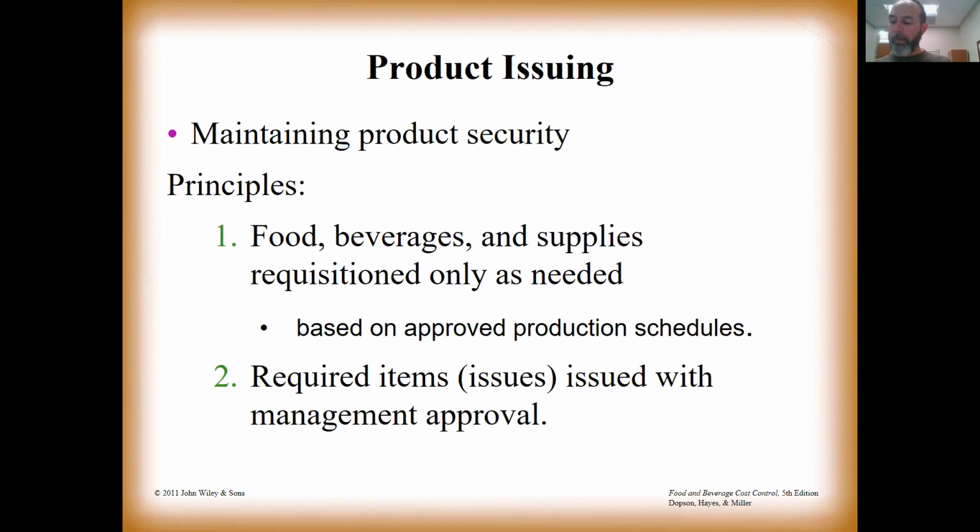And we said before that the production schedule is the communication tool that tells the employees that it's okay to take those things out of storage. The production schedule is also going to tell the amount that needs to be taken out of storage. So those two items are covered first.